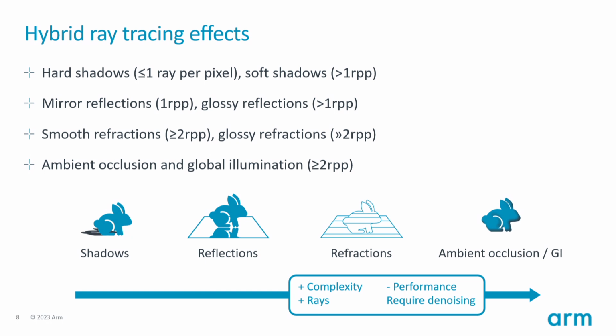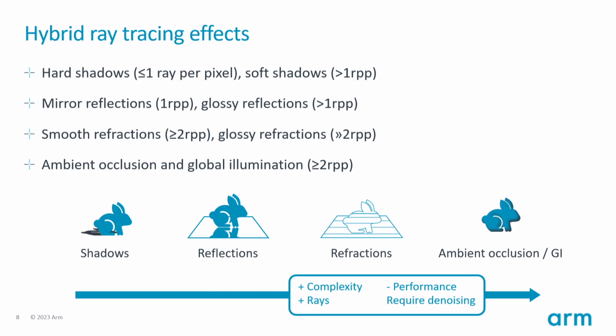Okay, so here are some effects we are currently exploring. We can use ray tracing in mobile graphics for effects like shadow, reflection, refraction and global illumination. Note that as we go down this list, we need to trace more and more rays, and therefore the effects become more and more expensive.